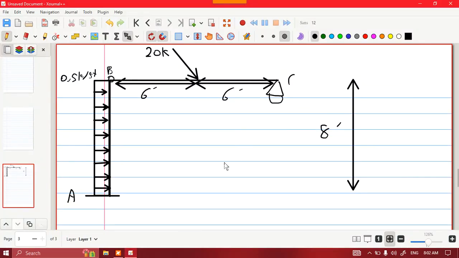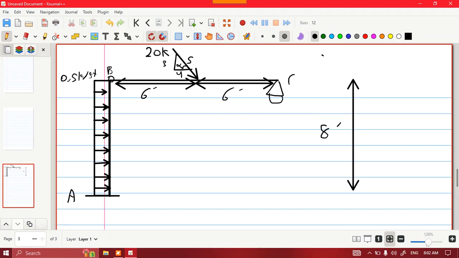In order to start to solve this problem, I first have to find the reactions. I have here a triangle, as you can probably see. This is 5, this is 3, this is 4. I'm going to find this angle alpha.